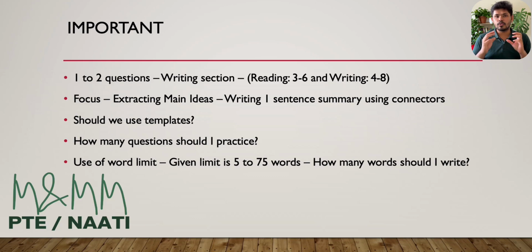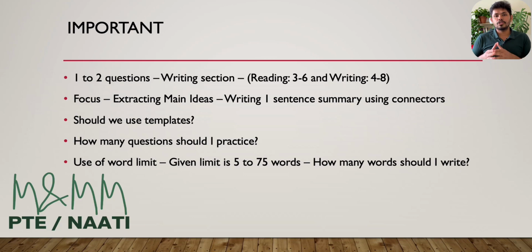Your job is to go through those paragraphs and carve a summary out, as in write a summary. Because you're first reading the paragraph or paragraphs given to you, and then writing the summary, the scores will go to both the reading and writing sections. Reading anything between 3 to 6 marks, writing 4 to 8 marks. This is out of 90, depending on the number of questions you get in the exam.